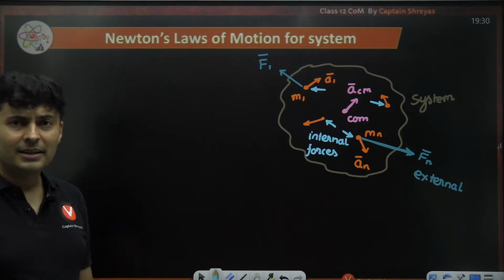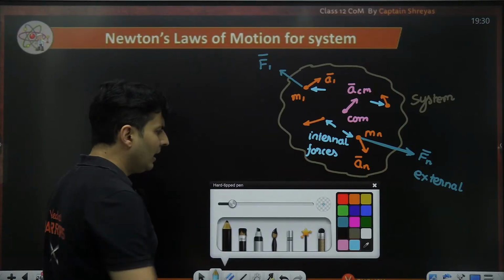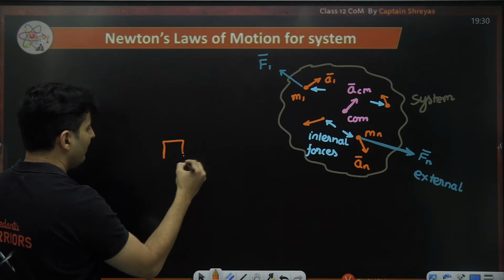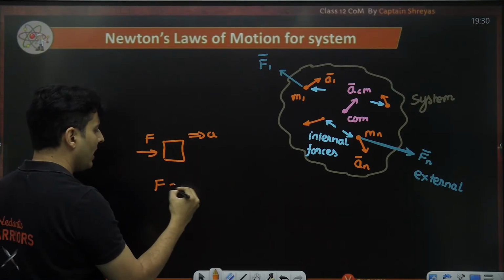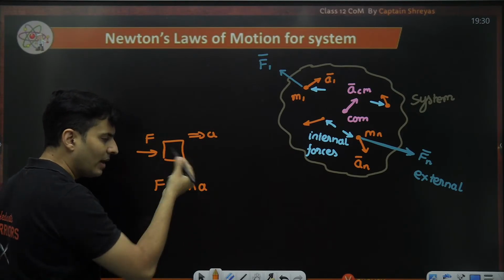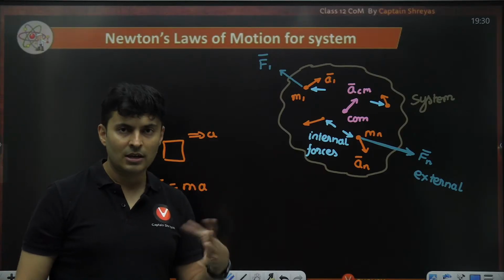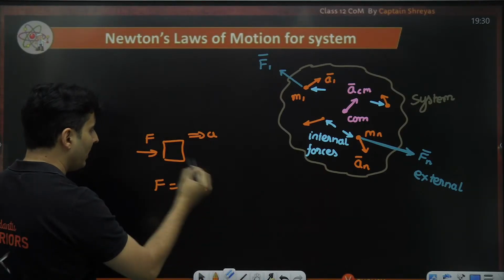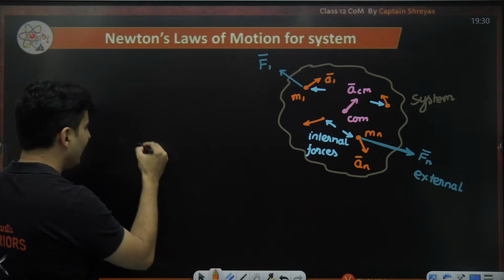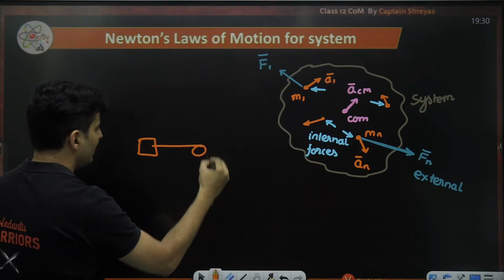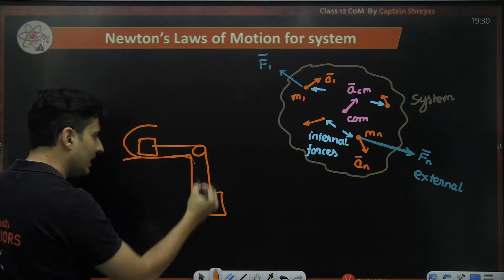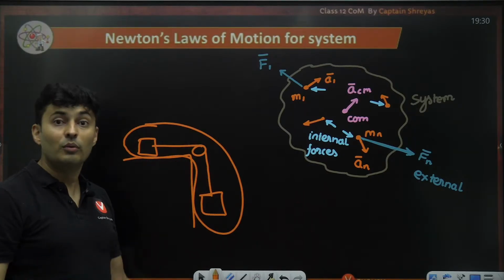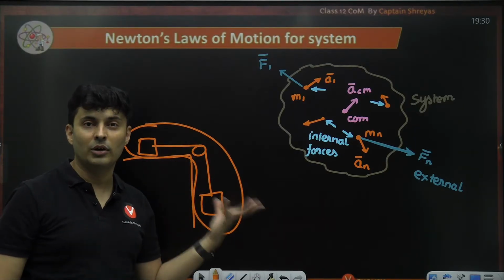Newton's law says that, see, till now we used to say, okay, we have a block, you apply a force, it will accelerate. You always used to apply Newton's law for one body, for one particle, for one mass. But never did you ever apply till now where you have one particle here, pulley is there, and one block is here. Did you ever apply Newton's law for this entire system together? No, we used to always draw separate bodies.